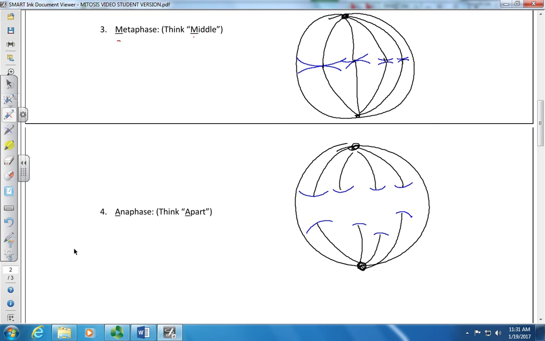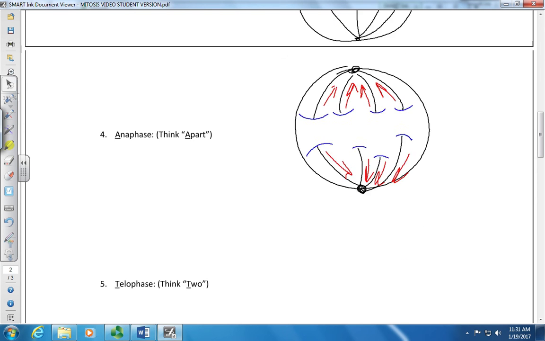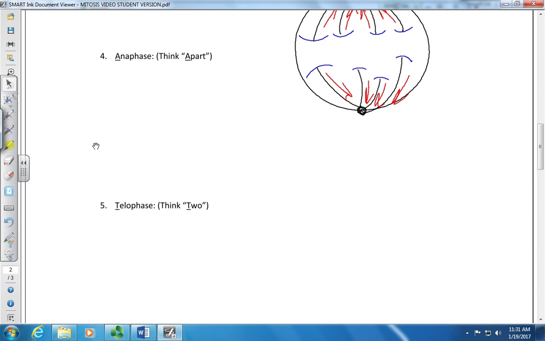So the spindle fibers on the top of the cell, they are pulling the sister chromatids up to their end, and the spindle fibers that are coming up from the bottom of the cell, they are pulling their sister chromatids down to the southern end of the cell. And then the cell will move into telophase.